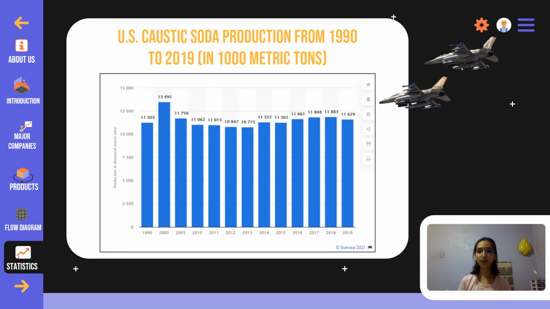Production in the year 2013 was the lowest, where 10.8 million tons of caustic soda were created. The most recent year in the graph is 2019, which had a total production amount of 11.63 million tons, slightly less than that of the previous year.